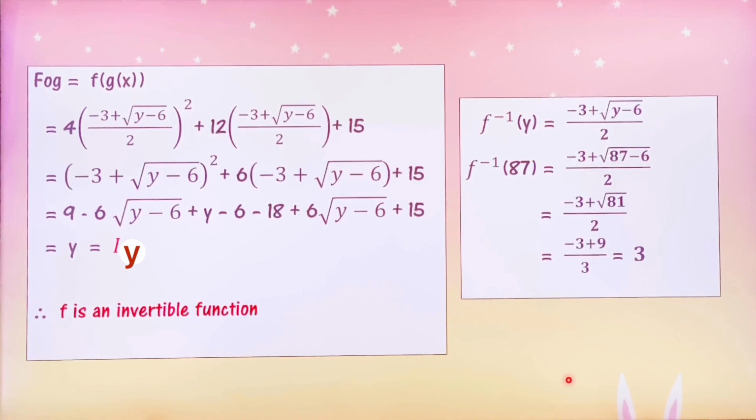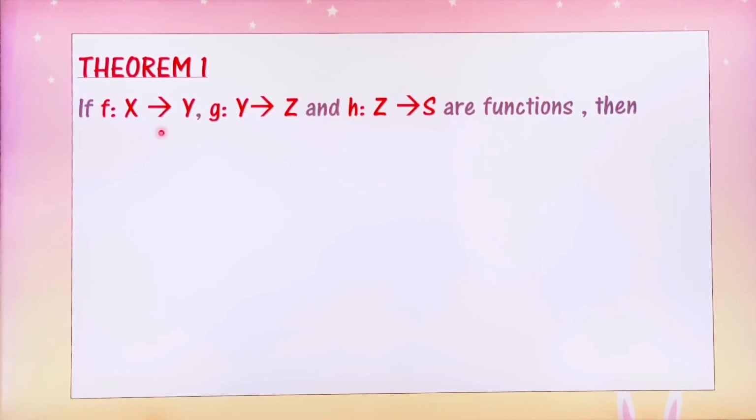Now let us learn two theorems. Theorem 1: if f from X to Y, g from Y to Z and h from Z to S are functions, then h∘(g∘f) is equal to (h∘g)∘f.